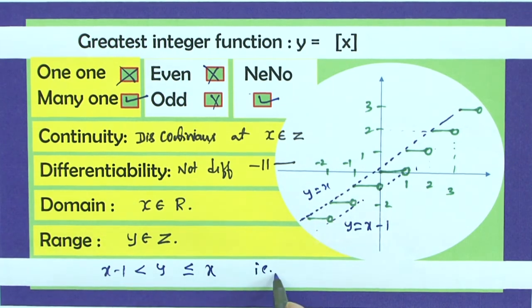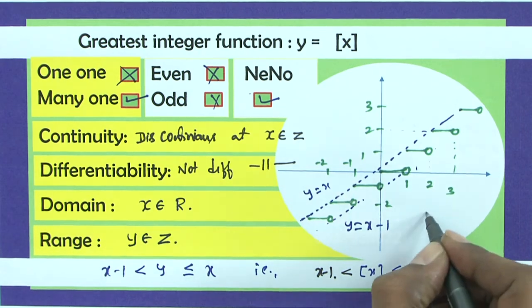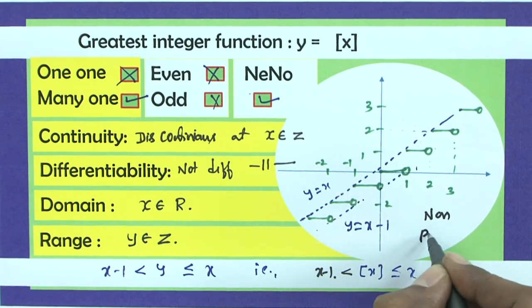That is, integral part of x is less than or equal to x. Is that correct? And definitely greater than x minus 1. That is evident from the graph, right? And of course, it is non-periodic.